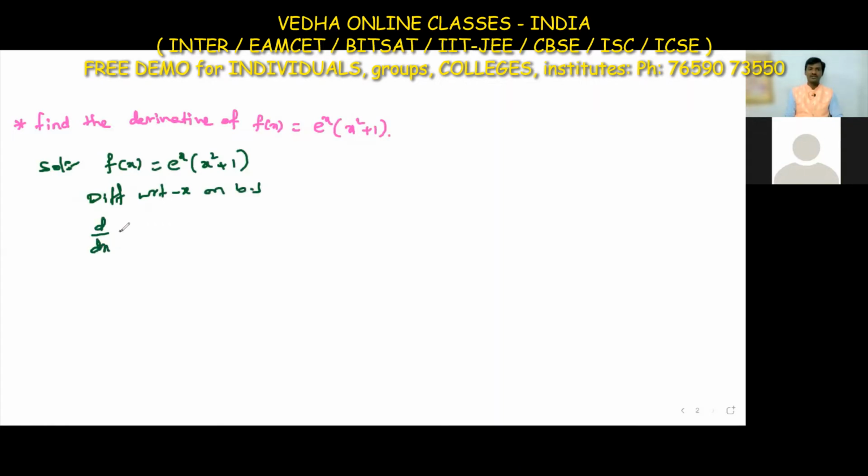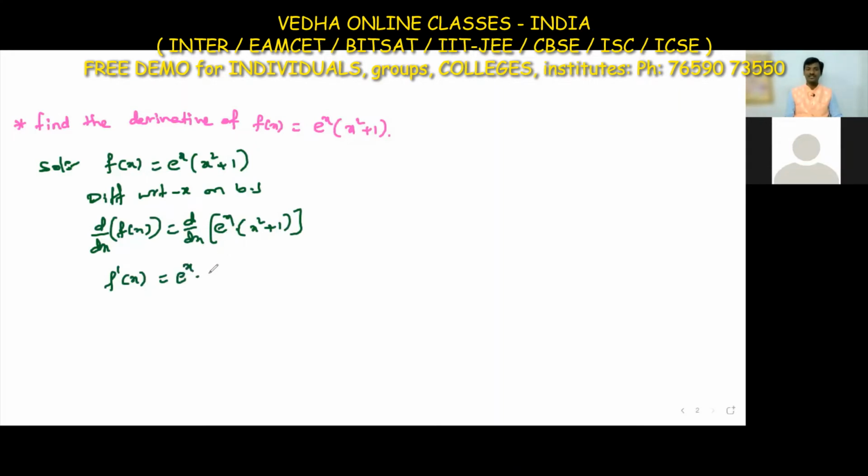Then d by dx of f of x is equals to d by dx of e power x into x square plus 1. Okay, so now if we write the f of x derivative, that is called f dash of x. We write it as f dash of x, and here it is the uv formula.